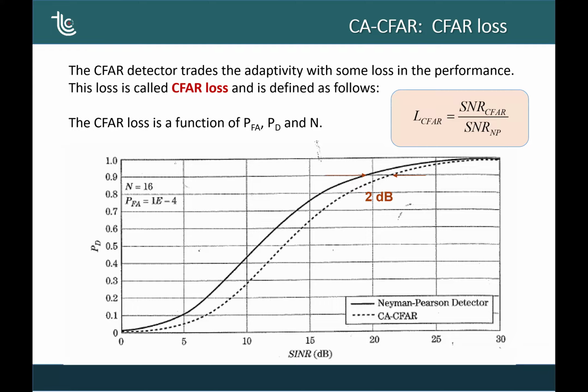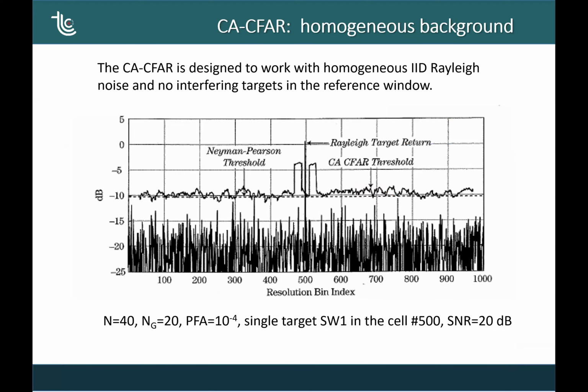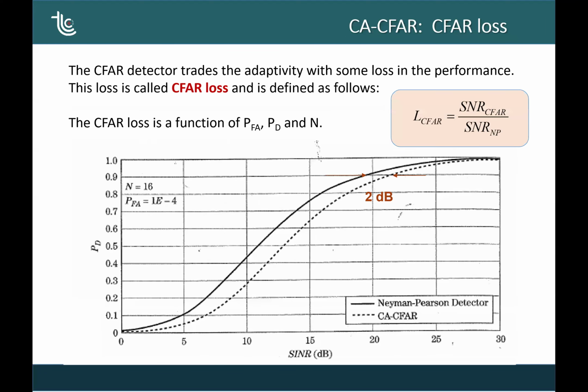Remember, in the Neumann-Pearson detector, we know everything. So we know the power of the noise. Then we can set a fixed threshold, as we have seen here, the dotted line. In the CFAR detector, we don't know the power. We are estimating the power.